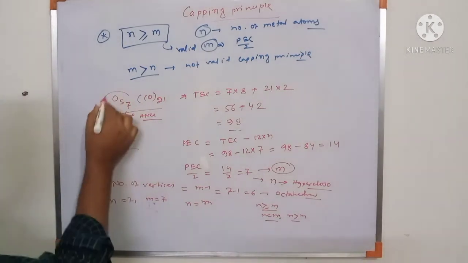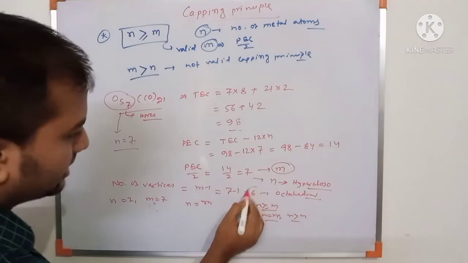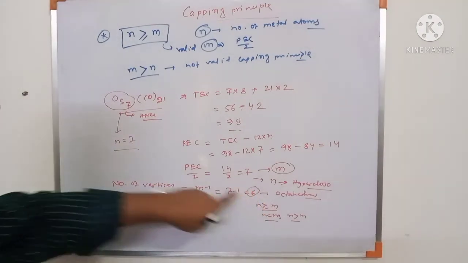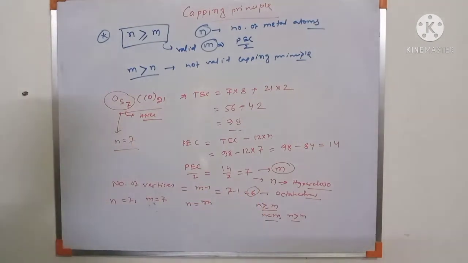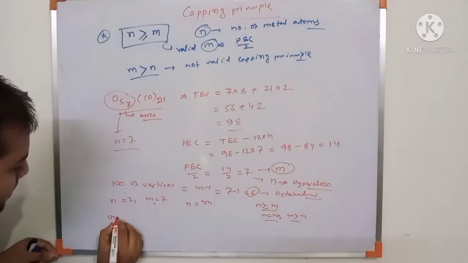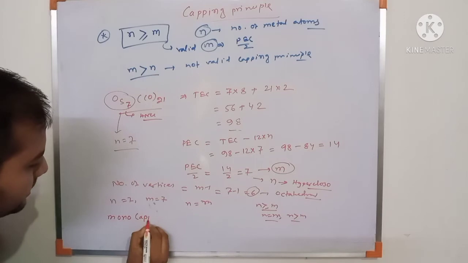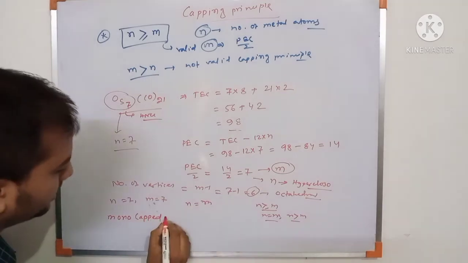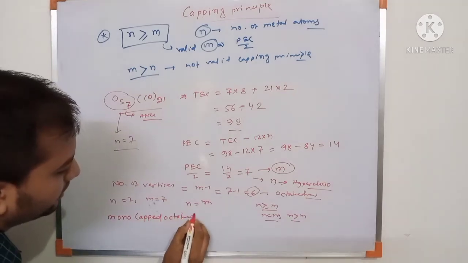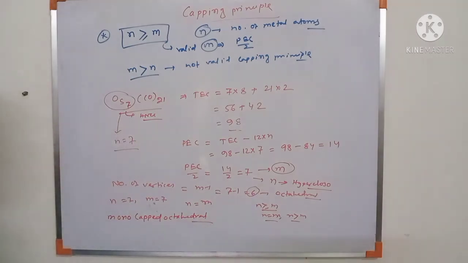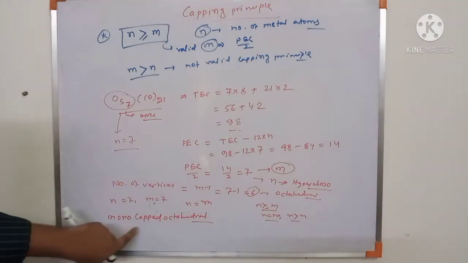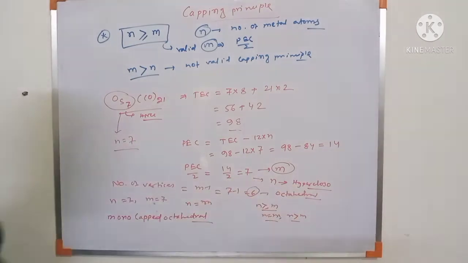The number of metals is 7 and the number of vertices is 6, so one metal is capping. This is a mono-capped octahedral geometry, and also hypercloso.